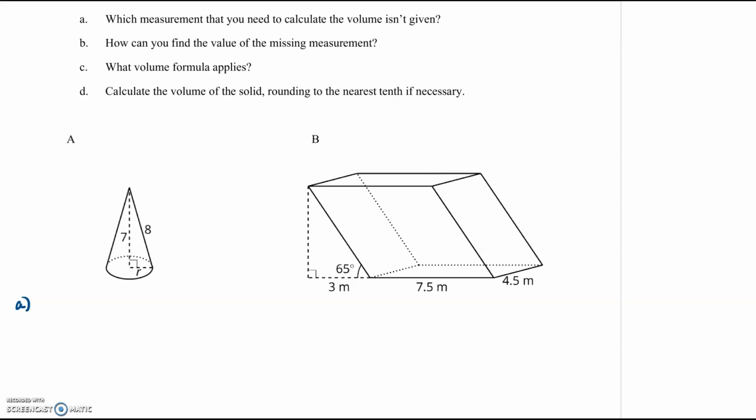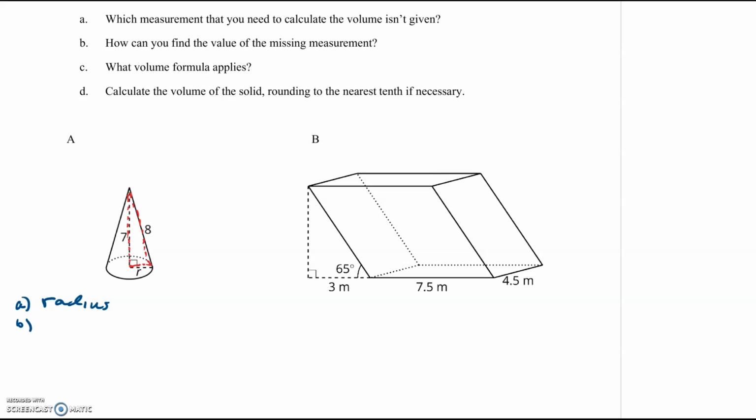Which measurement do you need to calculate this volume? Well, this is a cone, so I know that we need the radius. Okay, for part B, how can you find the value of the missing measurement? Well, for this one, I notice that I have a right triangle here, and I'm missing one side length of a right triangle.